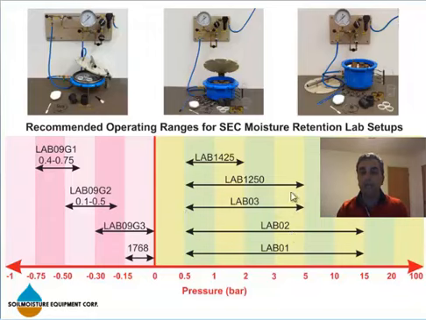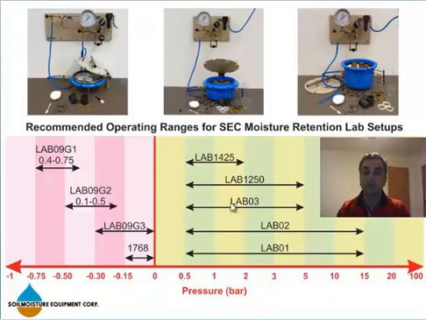The answer is that, as you can see here, you get a 6-inch diameter manifold that goes from 0 to 15 bar, but here you have the same diameter, 6 inches, that goes from 0 to 6 bar. Now this is a lot more accurate.